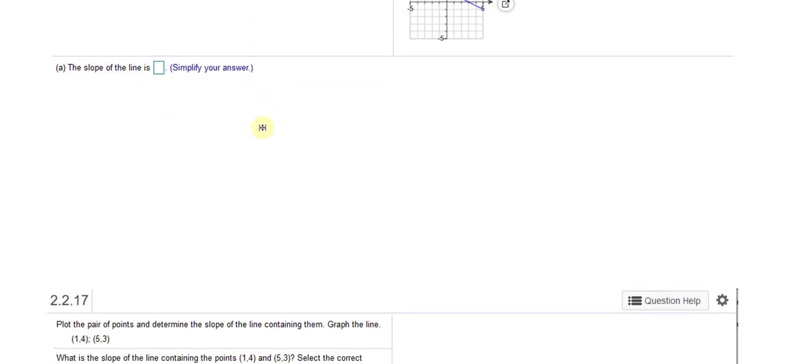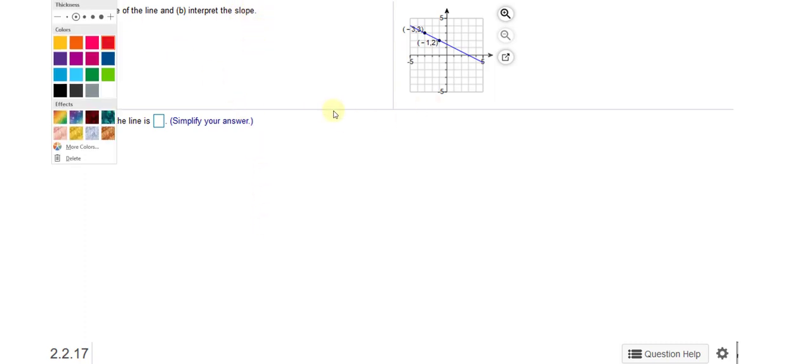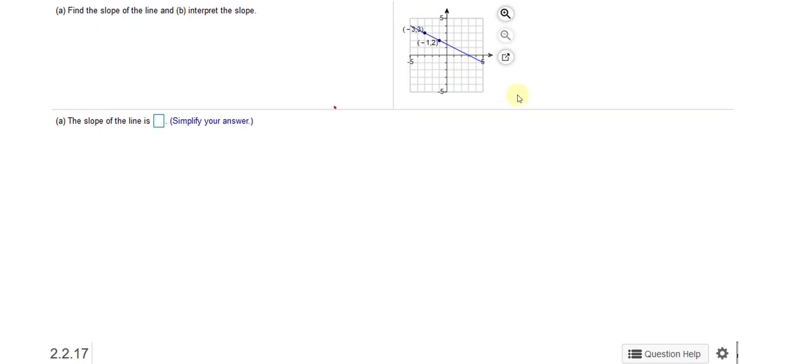The next question. How do I find a slope and interpret the slope? To find the slope, we know that the slope equals rise over run. So let's pick two points. From here to get down to here, you have to go to the right by 2 units, and then you go down 1 unit.